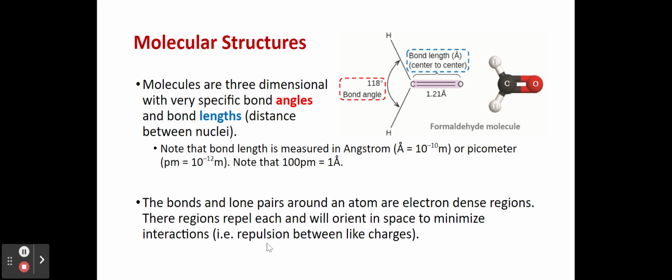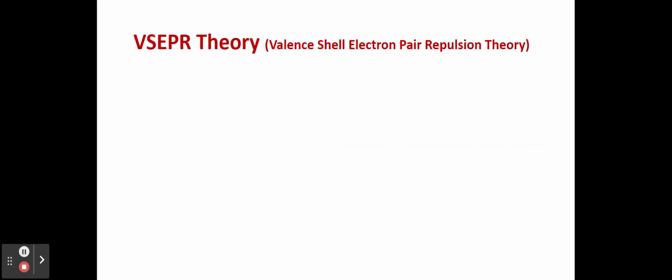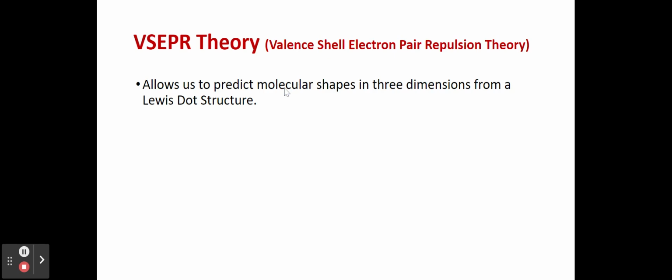In other words, to minimize the repulsive forces between like charges. That leads us to what we call the VSEPR theory. VSEPR stands for valence shell electron pair repulsion. It allows us to predict molecular shapes in 3 dimensions from the Lewis dot structures.